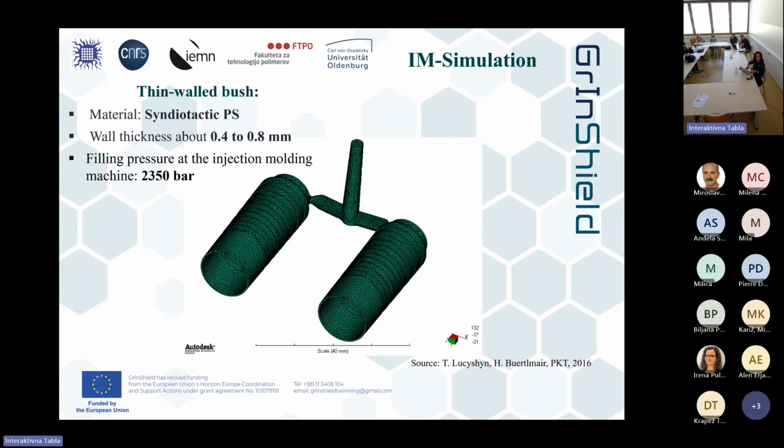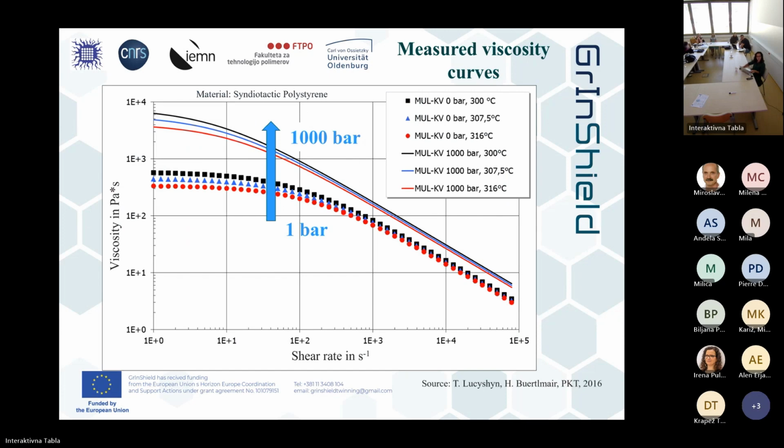And here we have a very thin-walled bush made out of syntactic polystyrene with a wall thickness of 0.4 to 0.8 millimeters, very thin. And the filling pressure in production was 2,350 bars.